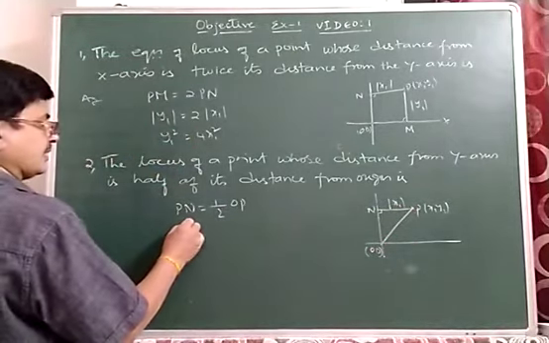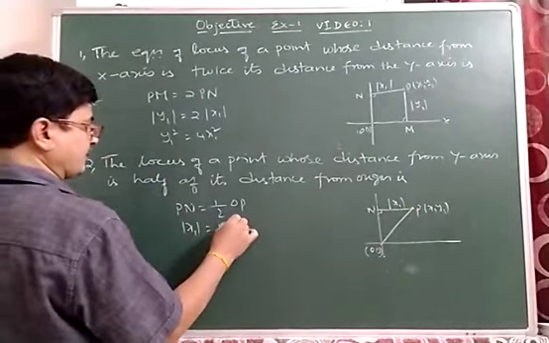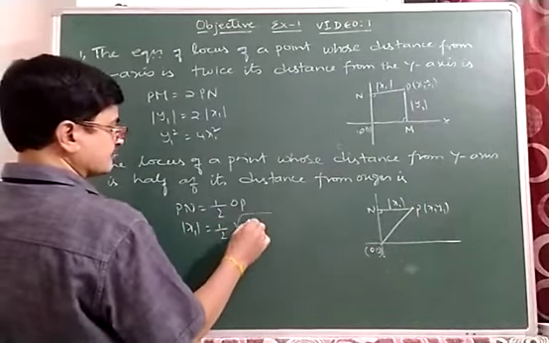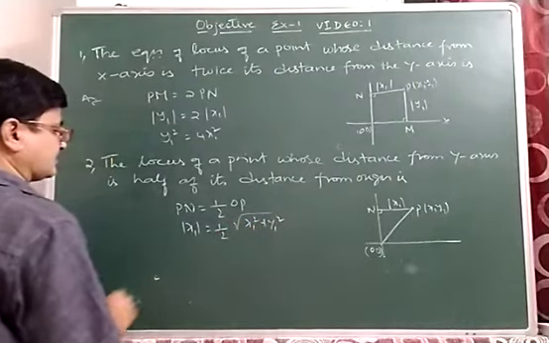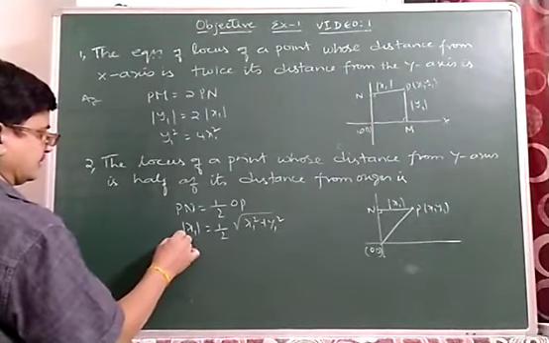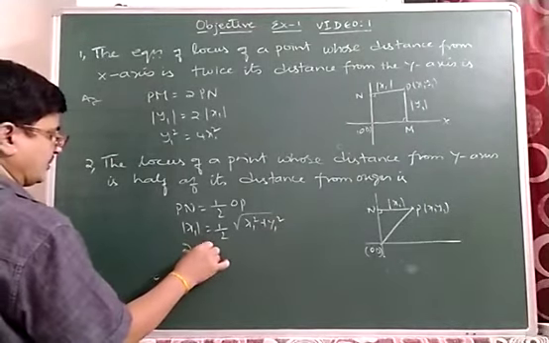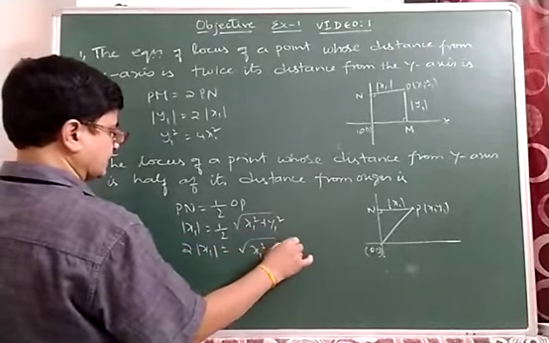Mod x1 is equal to 1 by 2 into OP, means the square root of x1 square plus y1 square. Now if you take 2 to this side, 2 into modulus of x1 is equal to root of x1 square plus y1 square.